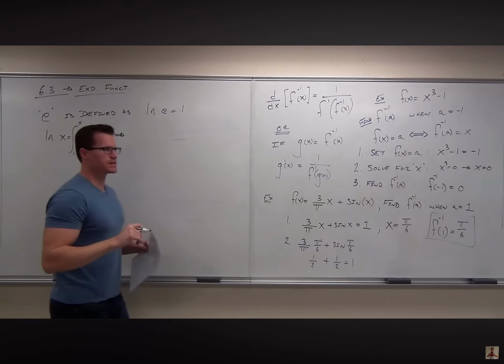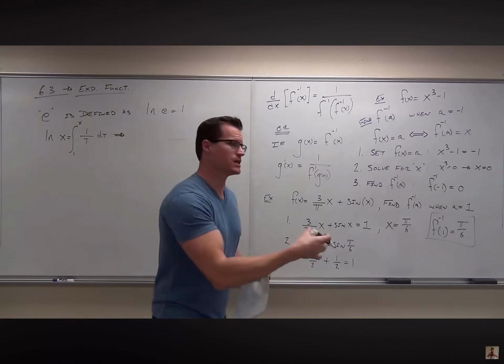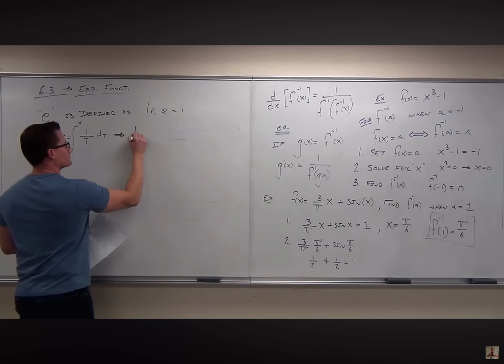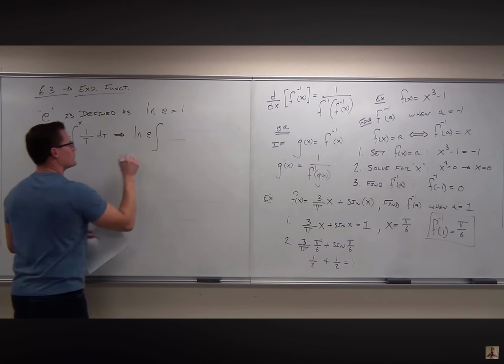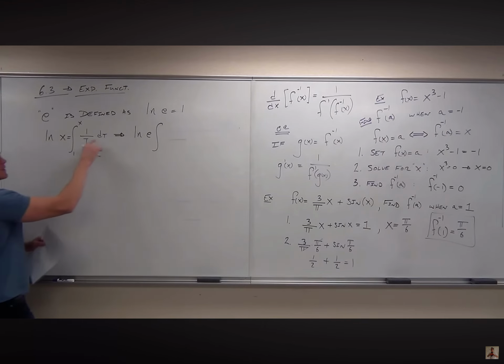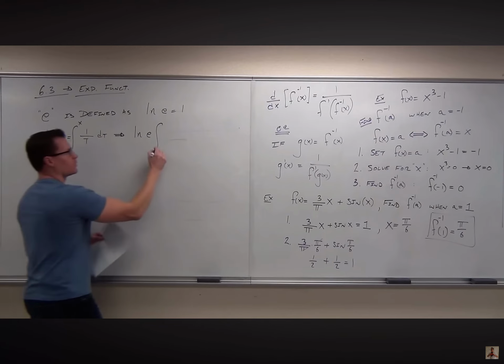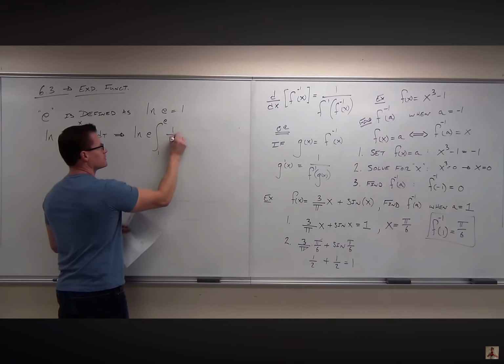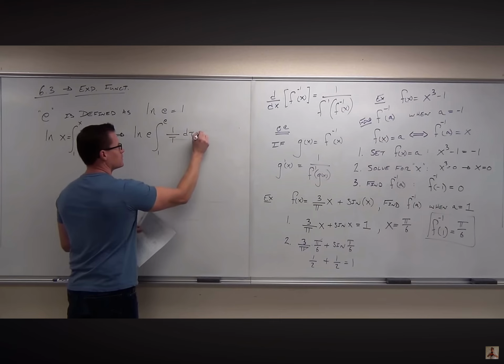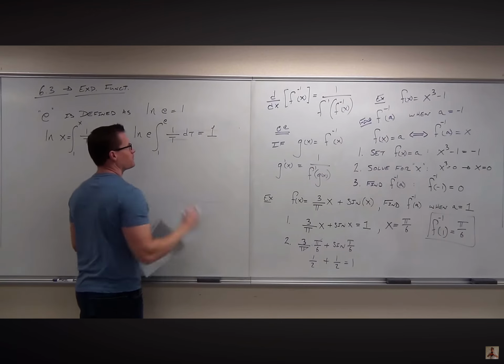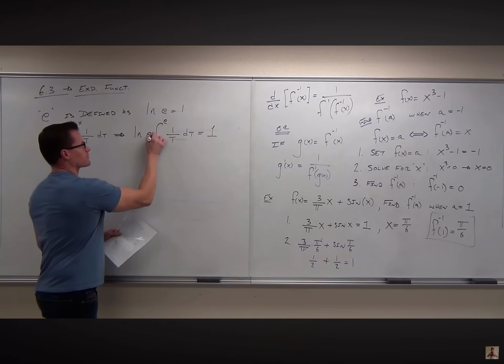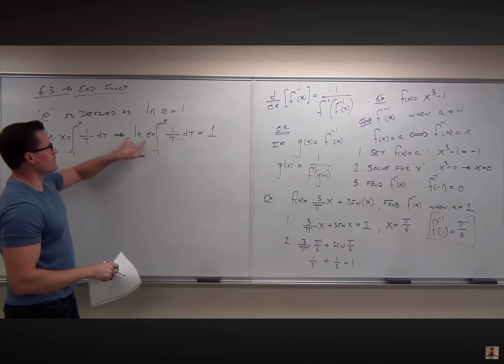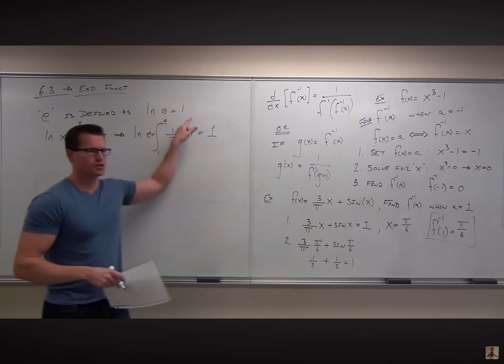Well, what that implies is that if x now becomes e, ln x becomes ln e, and 1 to x becomes 1 to e. This has to equal 1. If ln e equals 1, that's our definition here, folks.